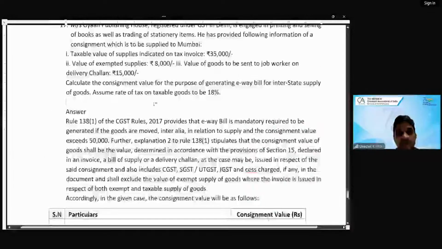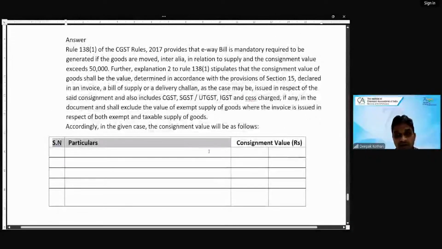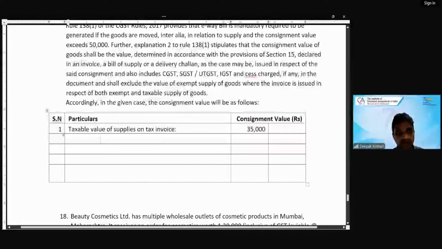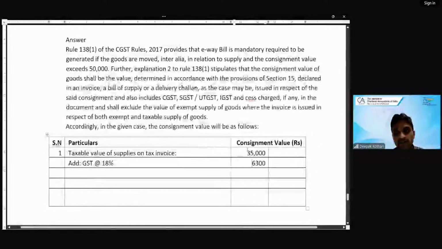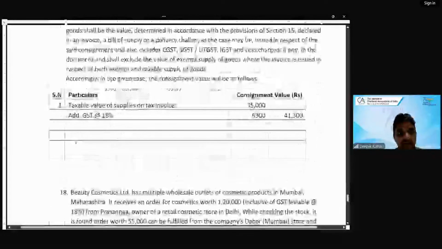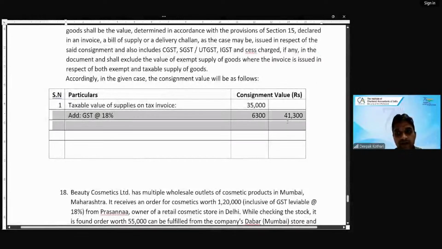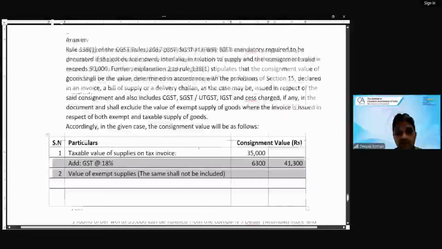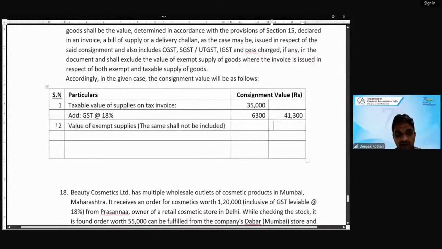In the given case, the consignment value will be as follows. Taxable value on the tax invoice 35,000. On top of that GST at 18%, 6,300. So 41,300 for supplies indicated on the tax invoice. Then the second aspect, value of exempted supplies, the same shall not be included, so we will not include it. Third, value of goods to be sent to the job worker on delivery challan.